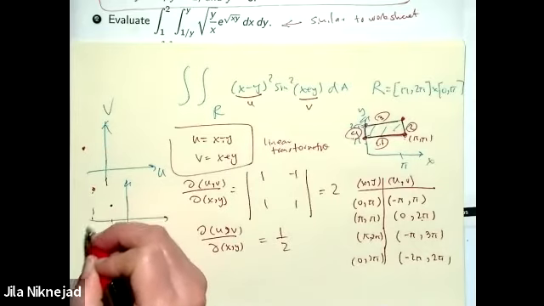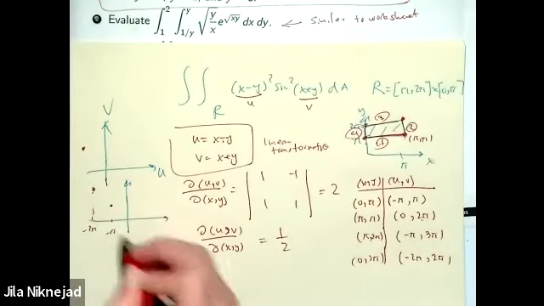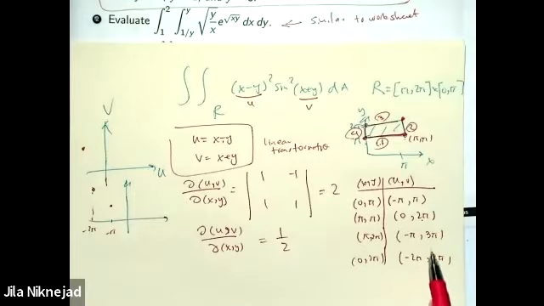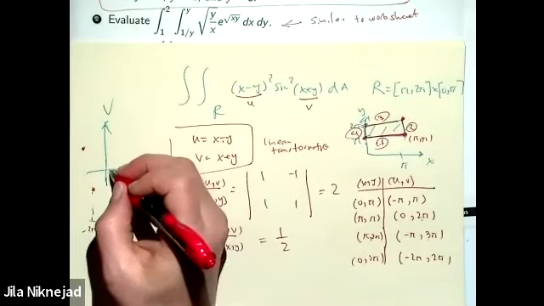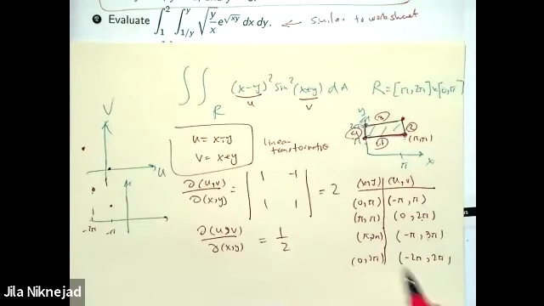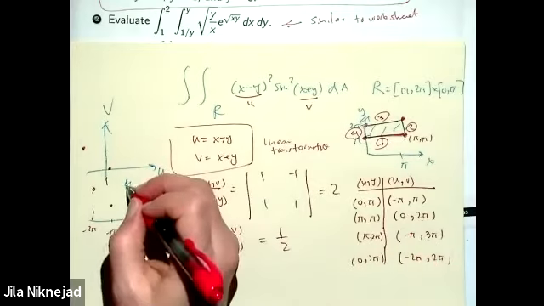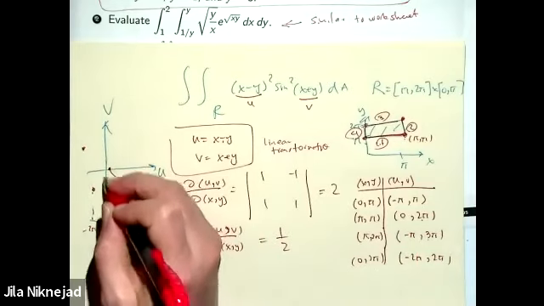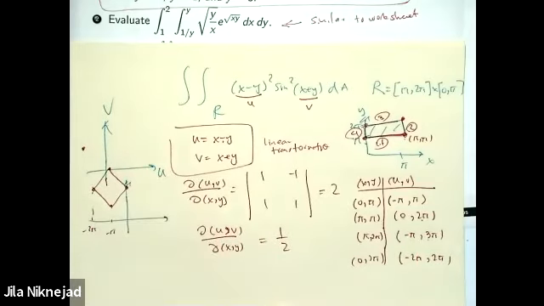Pi, 2 pi. And then negative pi and 3 pi right there. And then 0 and 2 pi right there. So the region changes drastically right there.